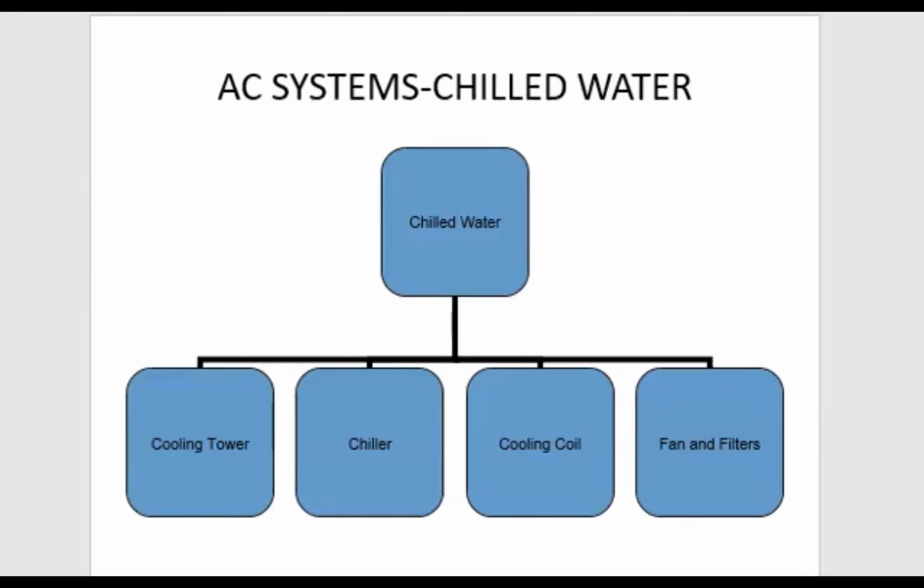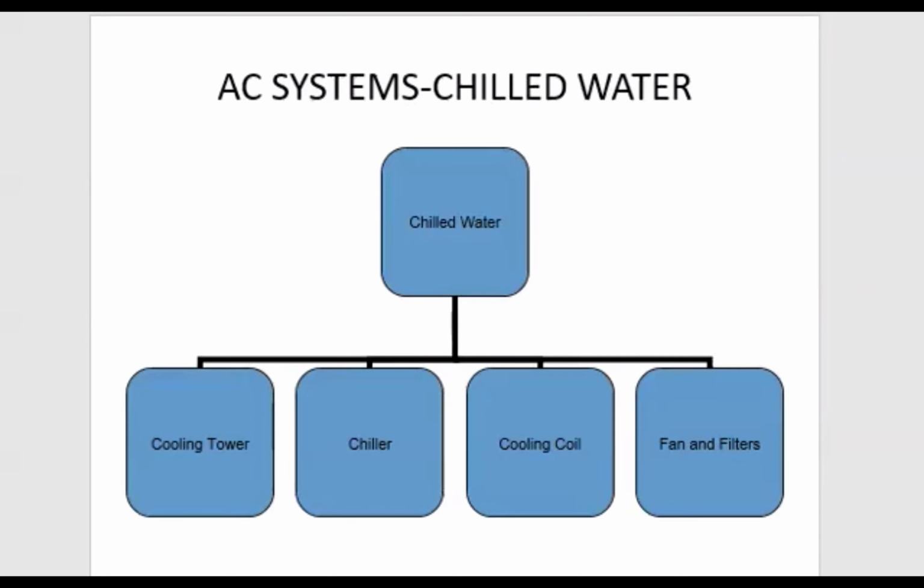Inside the chiller, condensation is used to basically extract heat from the water in the second loop, which then becomes cool enough to be passed through the system. Fans and filters basically blow air through that cold water piping, and that's the cool air that comes out on the other side in through the vent.